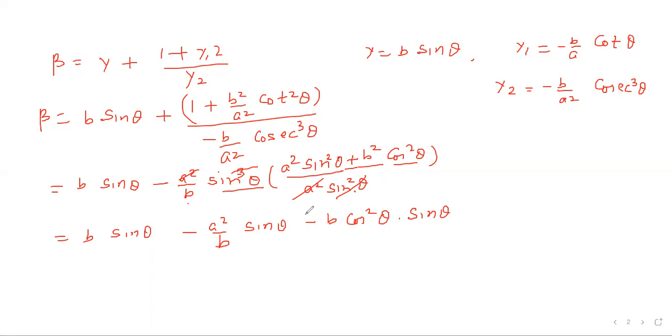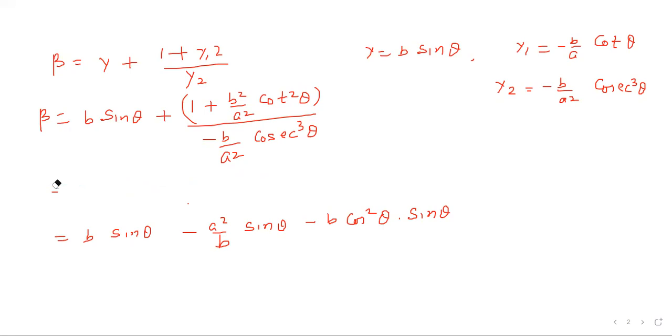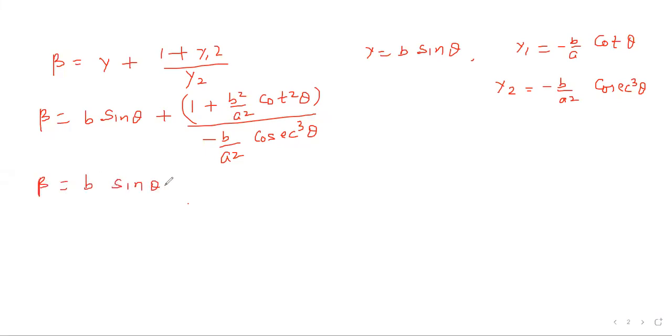Then here one step I have written wrong. Let's rectify it. So here it should be beta equal to b sine theta, and this minus sign, and we write it a square upon b, this sine cube theta, times 1 plus b square upon a square cot square theta.